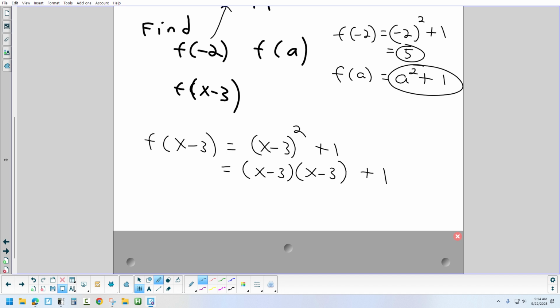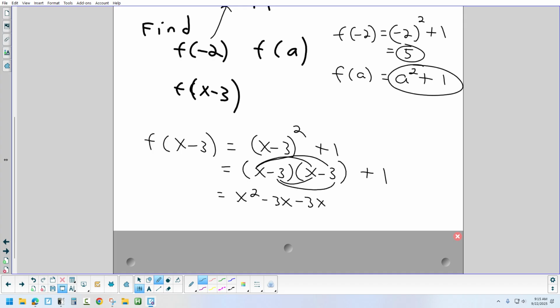Okay, so you have to distribute it, double distributive or FOIL. Some people learn it that way. What's x times x going to give me? X squared. What about x times negative 3? Negative 3x. X times negative 3, another negative 3x.